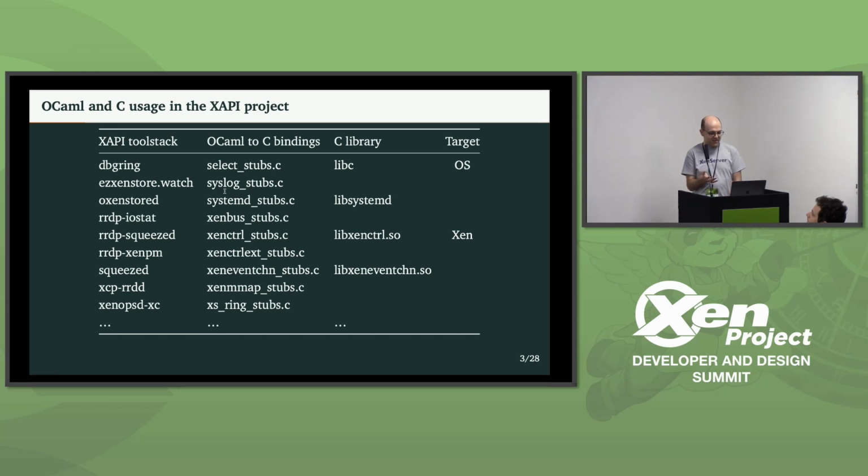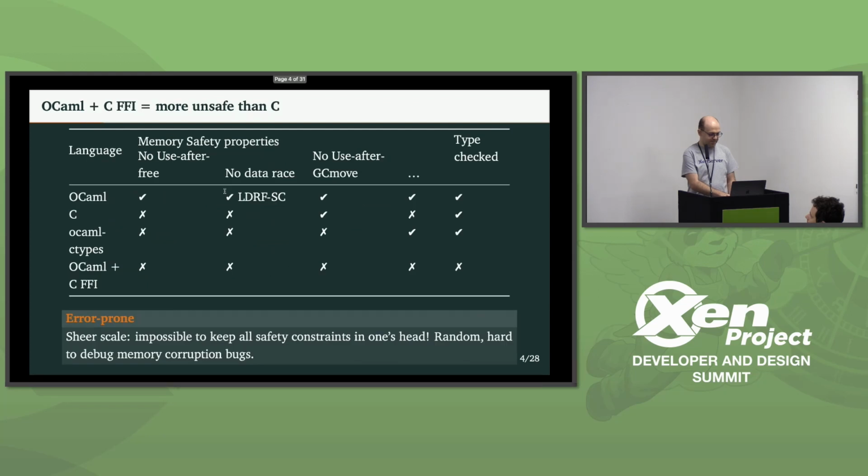And the bindings are for like the event channel stubs, all the Xen control stubs, and various operating system stubs like syslog, and also access to the ring buffers, and such. The mmap library, libc, systemd, libxenctrl, libxenevtchn.